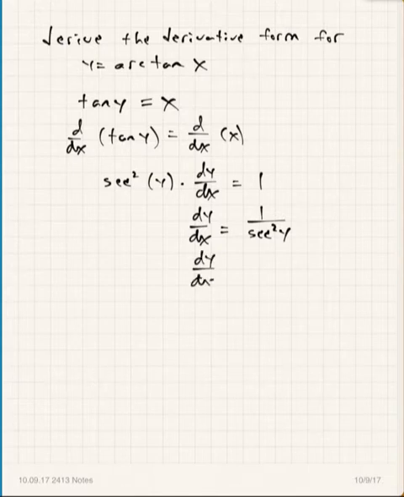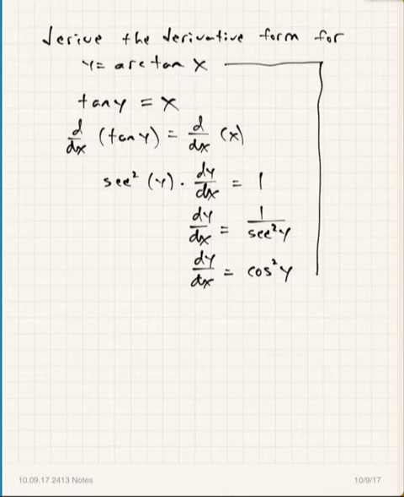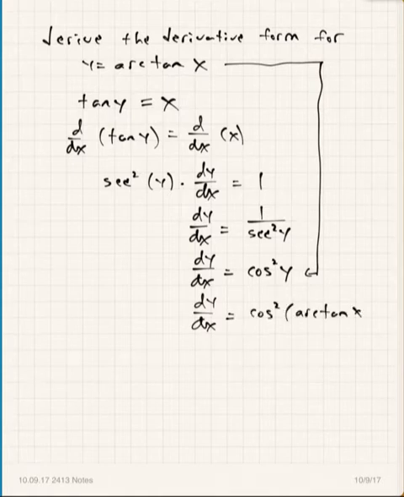And we could maybe help ourselves a little bit by writing that as cosine squared y instead of 1 over secant squared. And then what's y equal to from the very beginning of the problem? Y is equal to arctan x. So the derivative of y with respect to x would be cosine squared of arctan x.